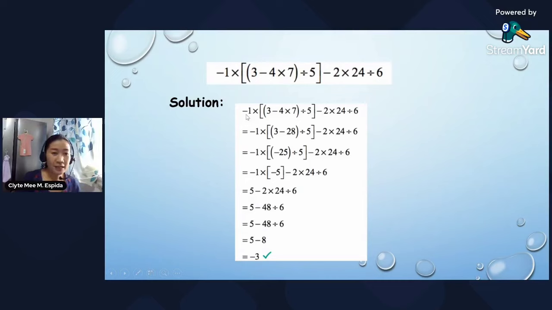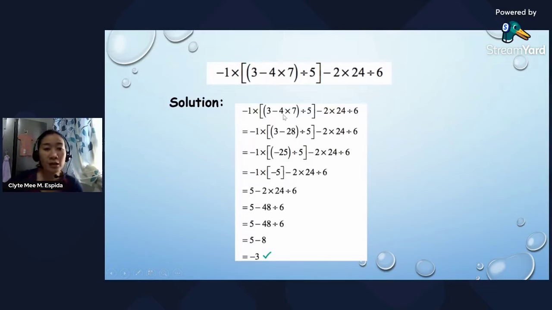So you have negative 1 times 3 minus 4 times 7 divide 5 minus 2 times 24 divide 6. So, based on GEMDAS, uunahin po natin yung nasa loob ng parenthesis or grouping symbols, following also the MDAS.